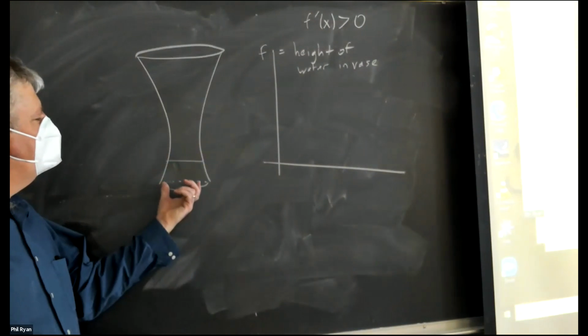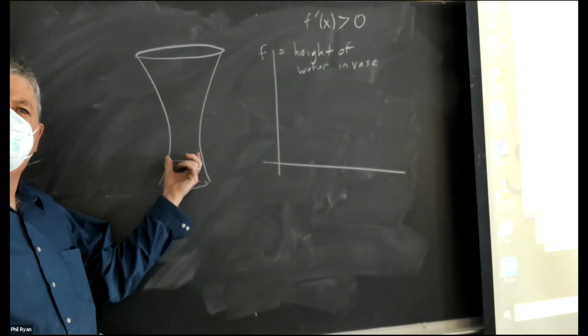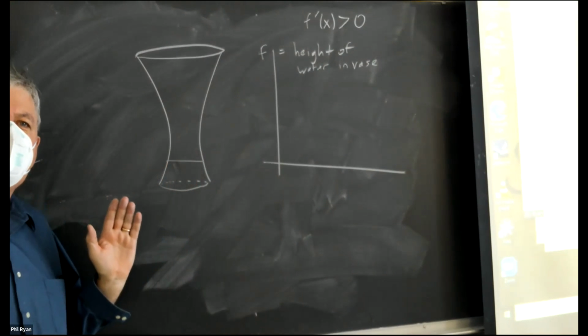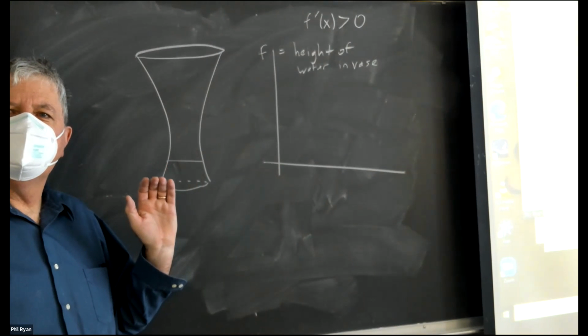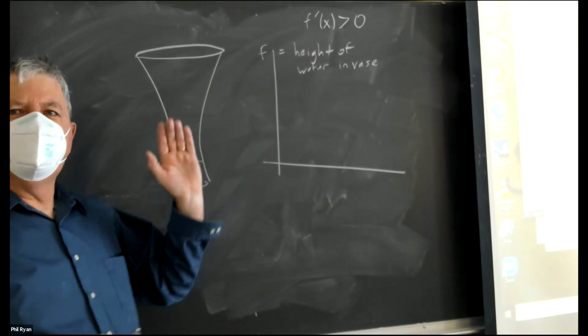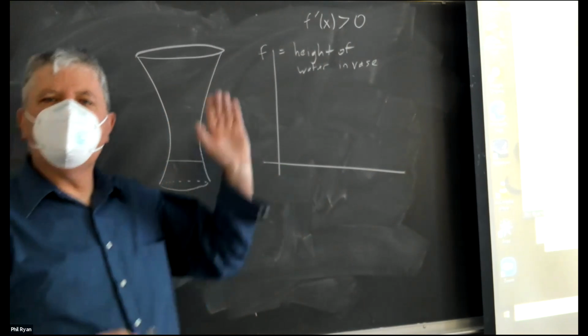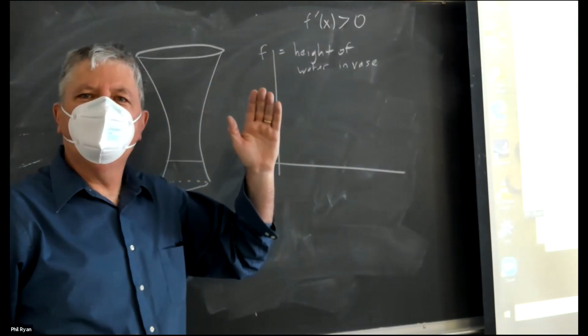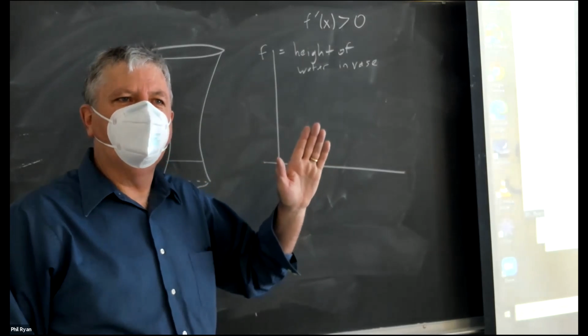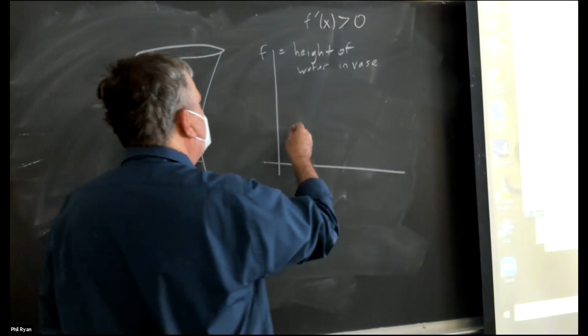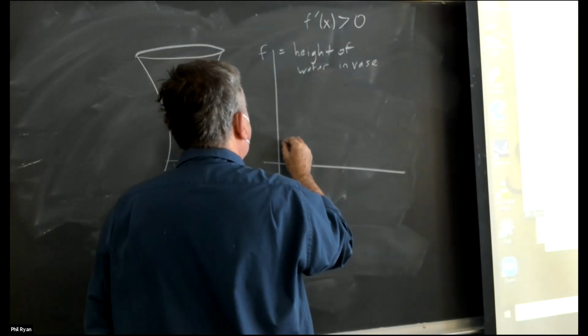So the vase is narrowing. So what's happening to the rate at which the water level rises? It's increasing. Okay, so that means the second derivative is positive. So what does that mean? That means it's concave down. So we're going to expect concave down.